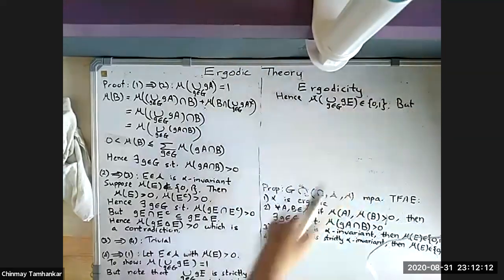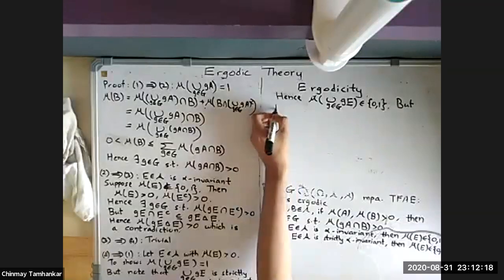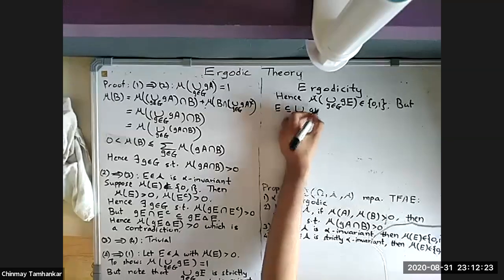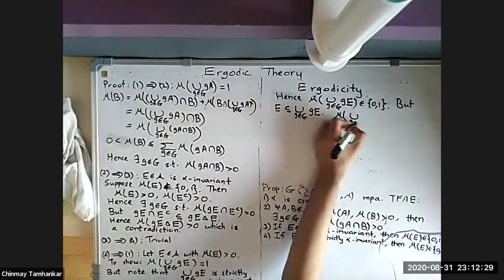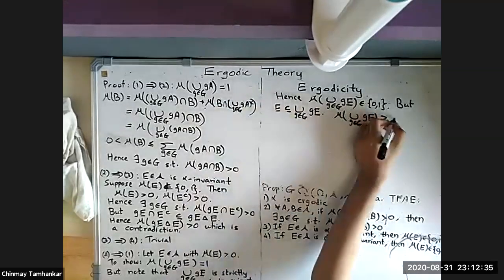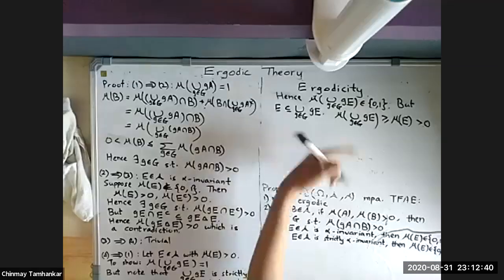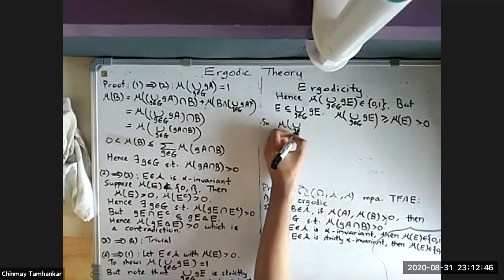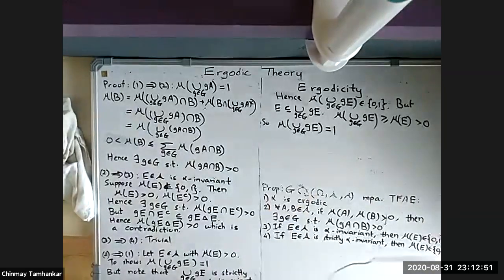But since the identity element of the group acting on E will again give E, we have E is a subset of this union, hence the measure of this union is greater than or equal to the measure of E, which is strictly greater than 0. So this thing can't be 0, so it has to be 1. So this again proves 4 implies 1.